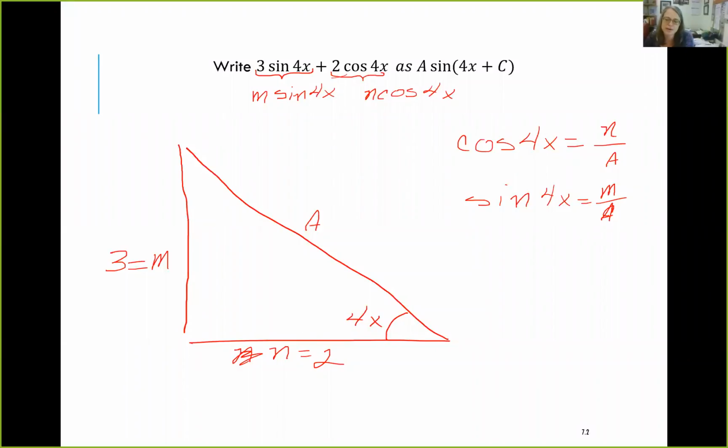Now, from our Pythagorean theorem, we know that we can now find this A. And this A is the same as this A. So that's going to be the square root of 3 squared plus 2 squared, or square root 13.